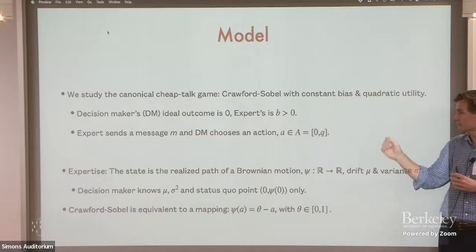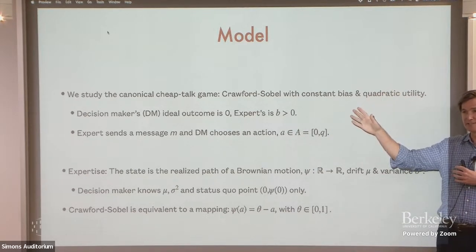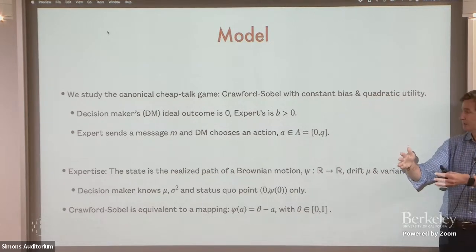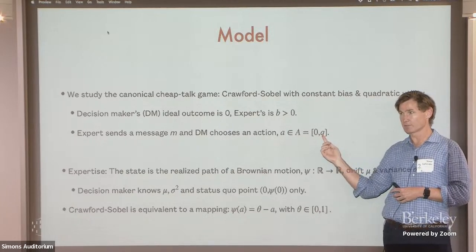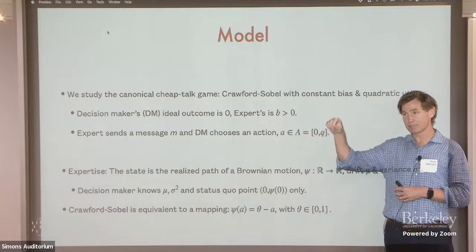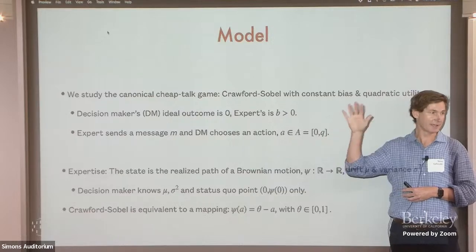So in particular, maybe let me do this point first. What's going to happen is the expert's going to learn the state, the Brownian path, and send a message to the receiver. The receiver is going to choose an action, which we're going to put in an interval, and this is going to be important, 0 to Q. This action is going to map into an outcome, and that's what they care about. So they can control their action, but they care about outcomes.